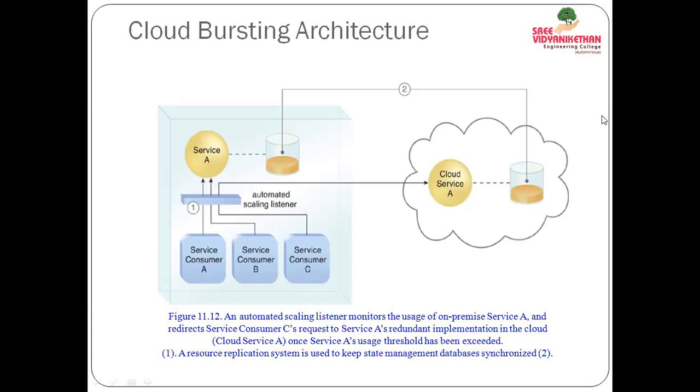But if this server cannot take up all the load and requests are still coming in, then these requests will automatically be diverted directly to the service instance running on the cloud. As you see in the example, A and B are catered by service instance A present in the on-premise network, whereas C is diverted to the service instance running on the cloud.